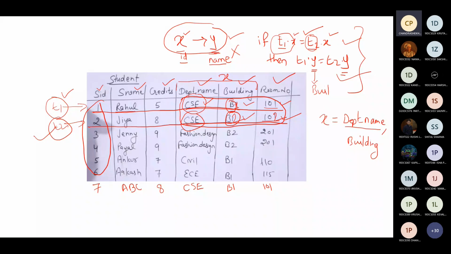So students, in case of trivial functional dependency, I will just write it down here. When we write this condition, x produces y, we can say there is a functional dependency with y. Within this, y must be a subset of x in case of trivial functional dependency.